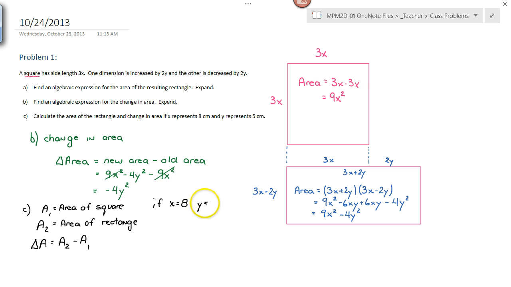and y is equal to 5, we know that A1 is going to be 9 times 8 squared, which is going to be 9 times 64. And of course, I could then get out my trusty calculator. 9 times 64 is going to give me 576.